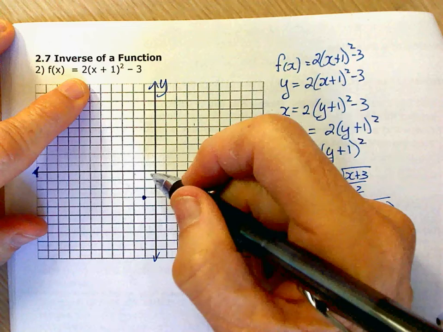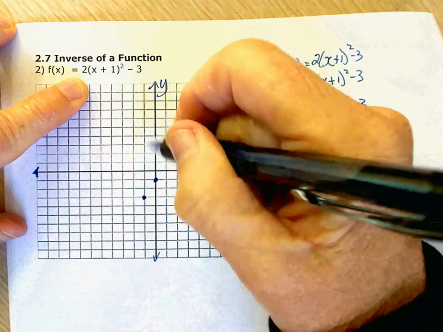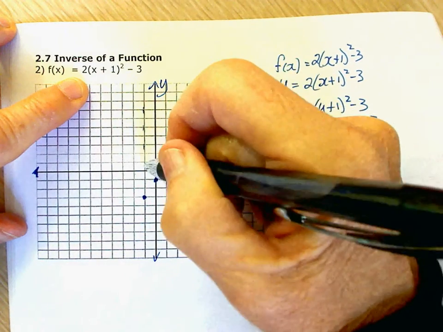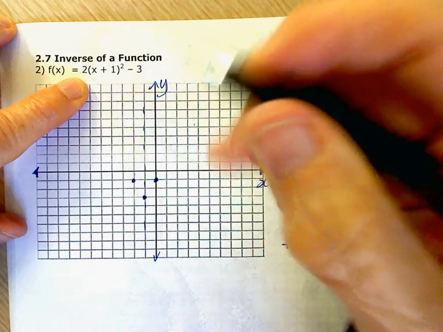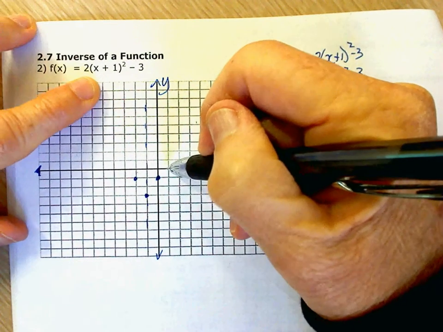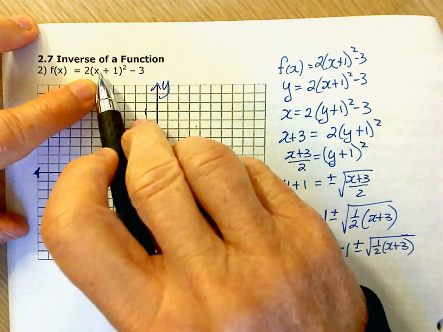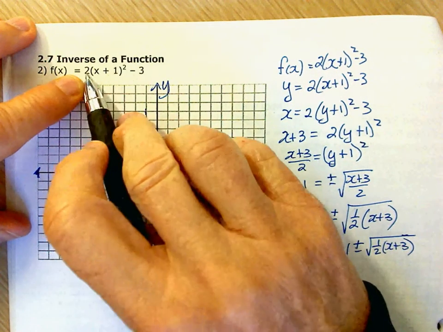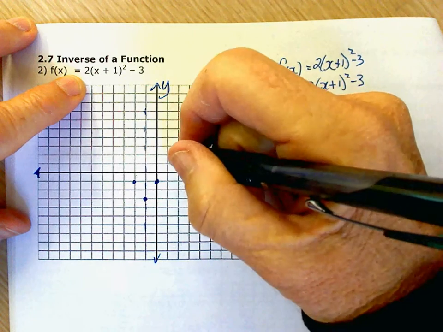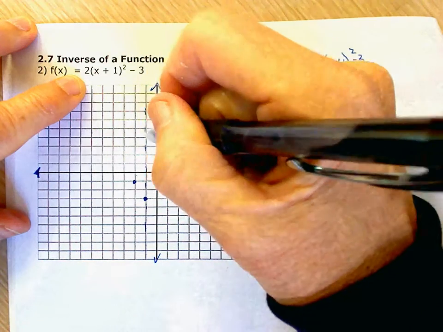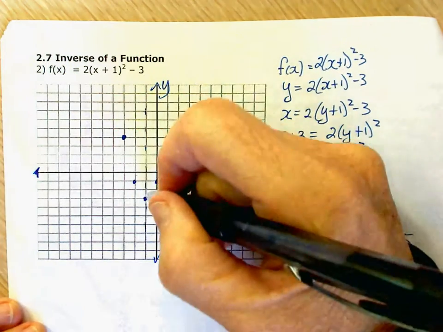We can reflect over the axis of symmetry and get a third point. Now, when x is 1, we have 2 squared is 4, 2 times 4 is 8, minus 3 is 5. Do a reflection over the axis of symmetry to get the other point. So here is our f of x.